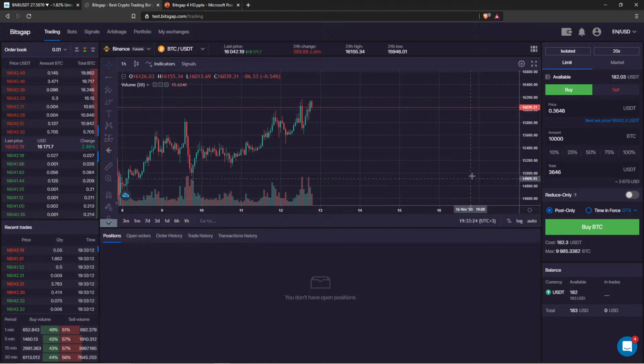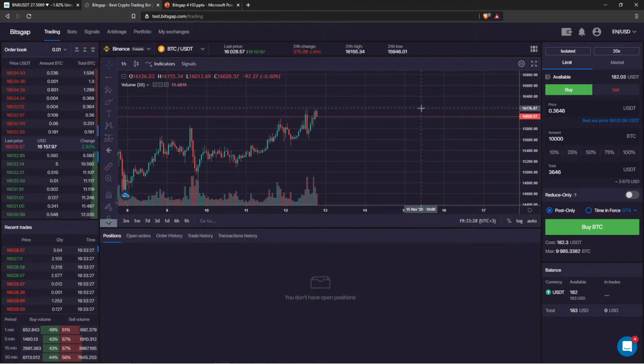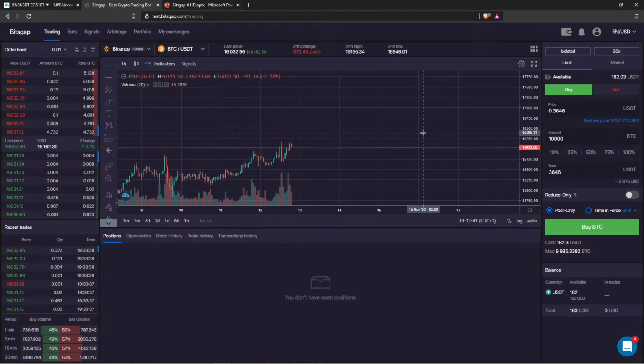And here you can plot stop limits and take profits as well. So if you have an open futures order, like an open position already, then you can actually make a take profit for it.